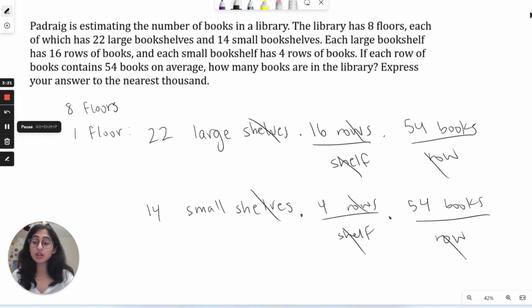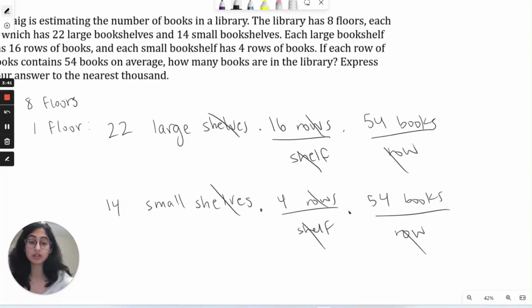So for the large shelves, we're going to do, like I said, 22 times 16 times 54, which is 19,008. That's how many books are in a large shelf.